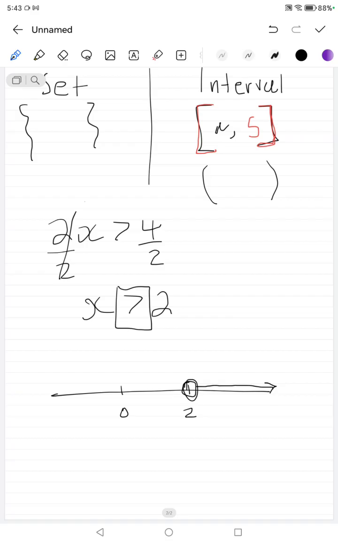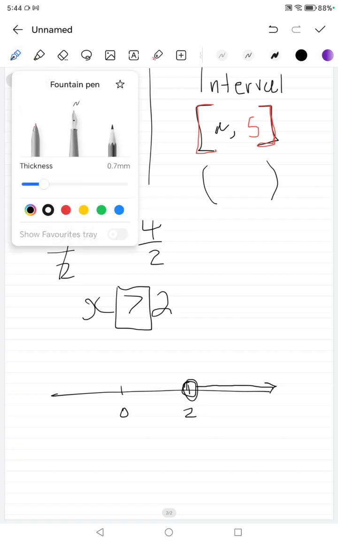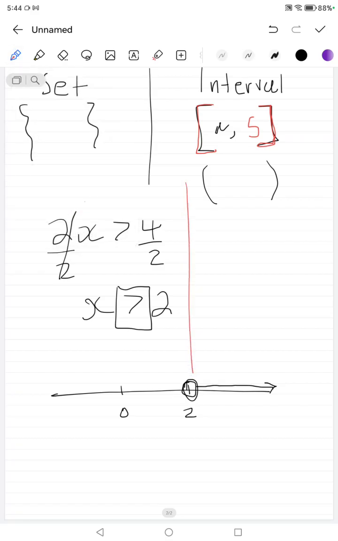But now let's just say we had an instance where now we have 2x is greater than or equal to 4. Then now we'll know our x will be greater than or equal to 2.